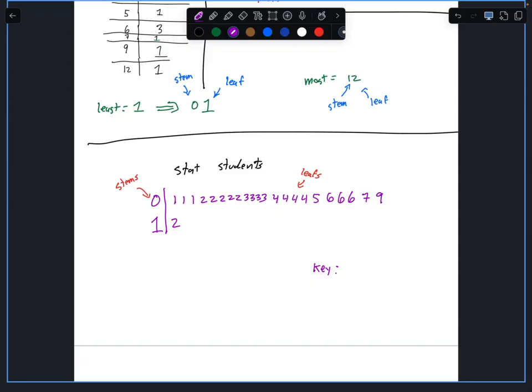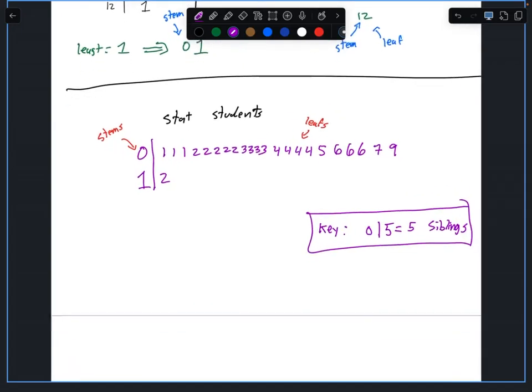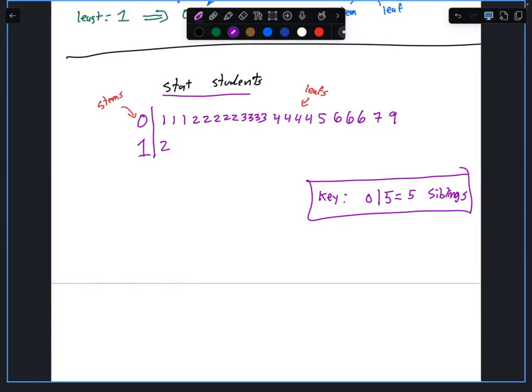So 0/5 represents 5 what? 5 siblings. And there's my key. If these numbers were reversed, that would represent 50 siblings.